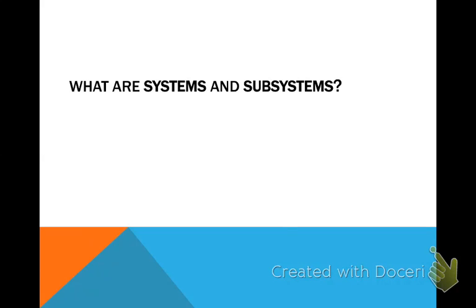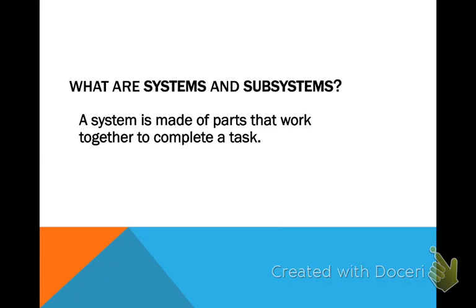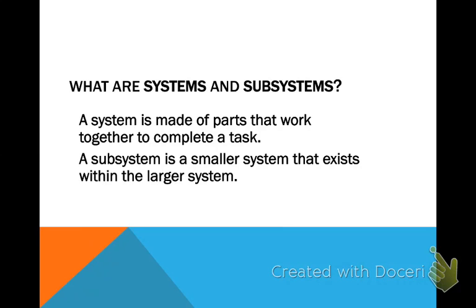So in the stereo system, we have the speaker system, we have the playing system, we have the wiring system. There's a lot of wires that go on to make the sound system work. So in a sense, a system is made up of parts that work together. And then we have a subsystem, which is a smaller system within the system to make it all work.